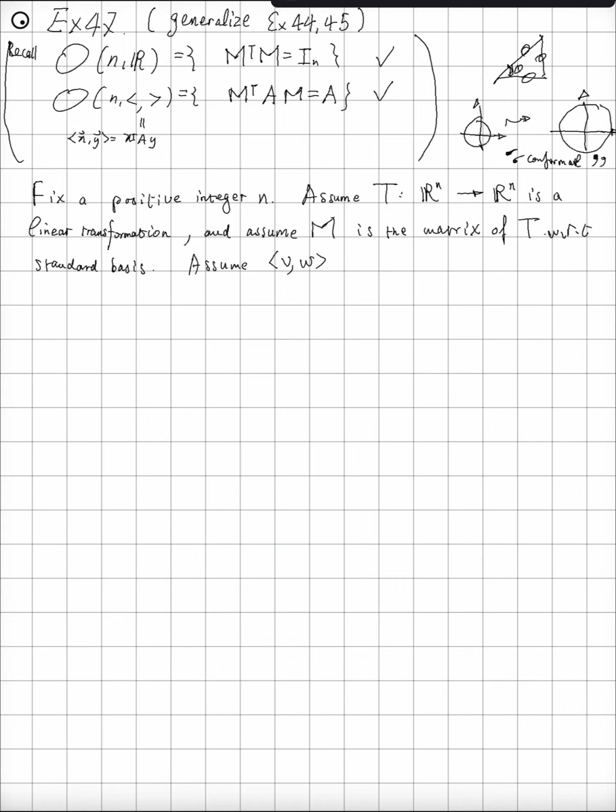But let me say this denotes just a bilinear map, which is a non-degenerate symmetric bilinear form on R^n.